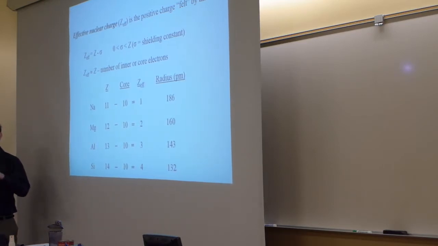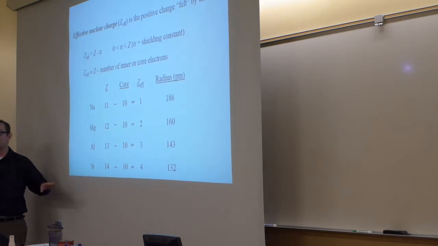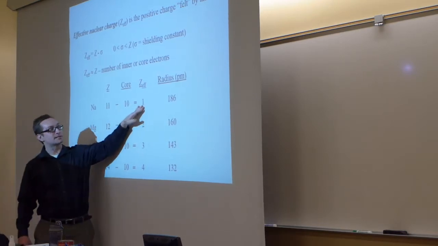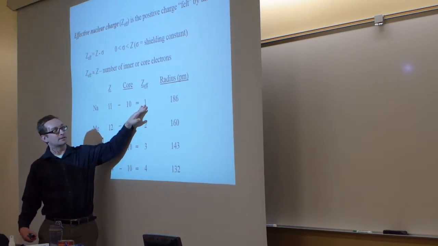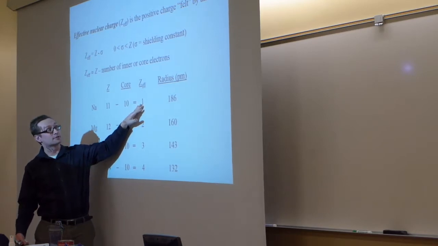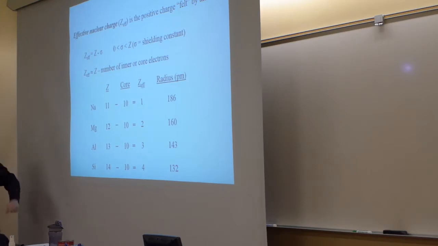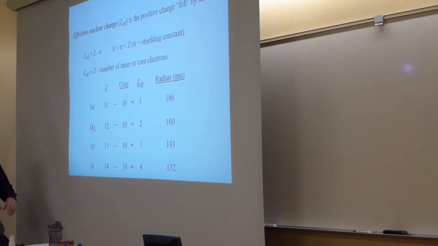That 3s1 is the valence electron for sodium, but all the electrons before that are the core. So 11 minus 10 gives us an effective nuclear charge of about 1. That's the effective nuclear charge that the valence electron will feel towards the nucleus.